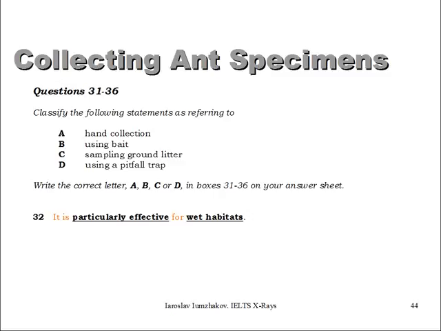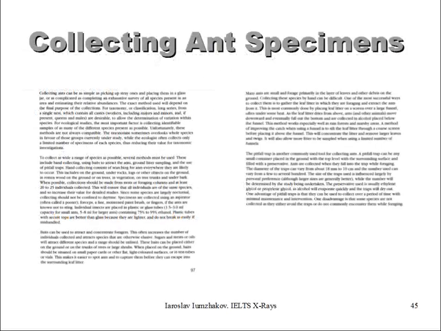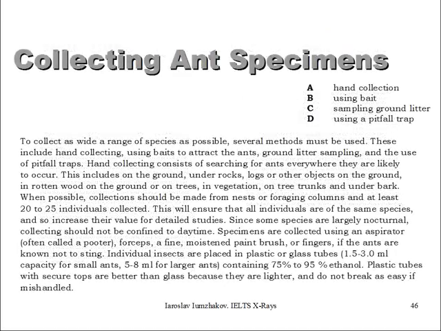So, looking at the text as it is, we can understand that each paragraph is about one of the ways to collect ants. You remember we found that the second paragraph is about hand collection, because here we see it in the text.